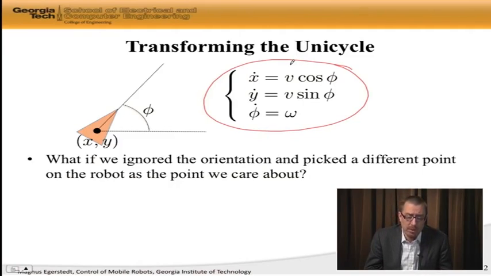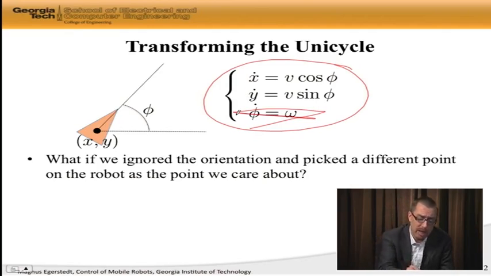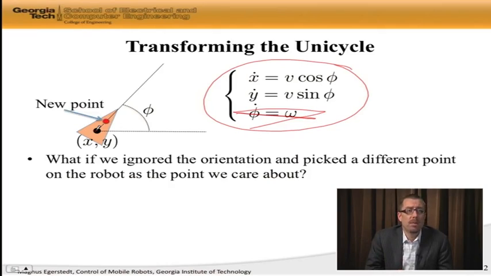So the first thing we're going to do is say, you know what? Let's just pretend that we don't worry about orientation whatsoever. Well, we still have a rather awkward-looking nonlinear differential equation, but let's now pick another point. Let's not pick x, y, which, as you remember, was really the point right in between the wheels of the differential drive mobile robot. What if we picked another point instead?